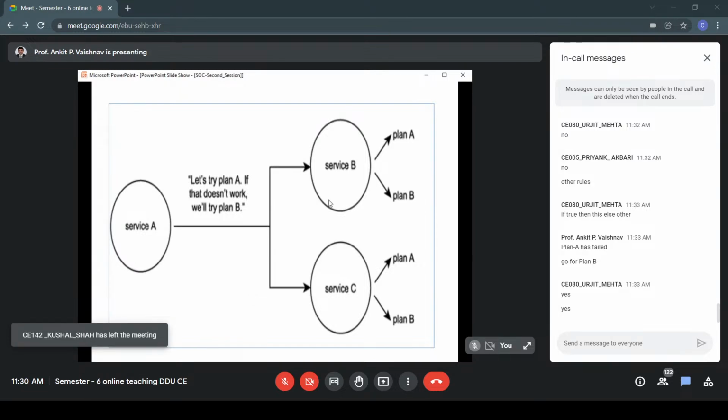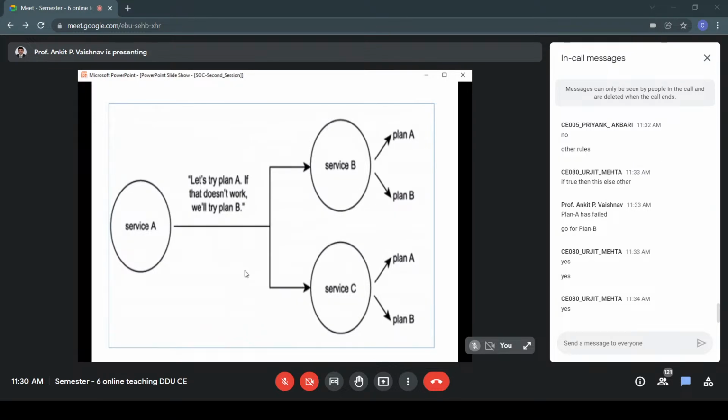But while doing business activities, we might require atomic transactions in between. Yes or no? While doing business activities, we might require atomic transactions in between sometimes, right? Agreed? Yes.